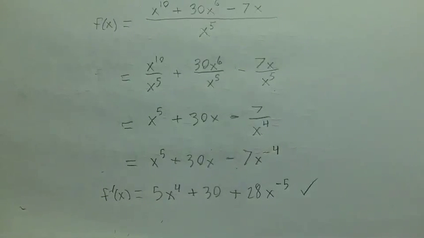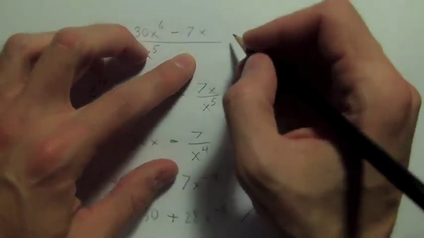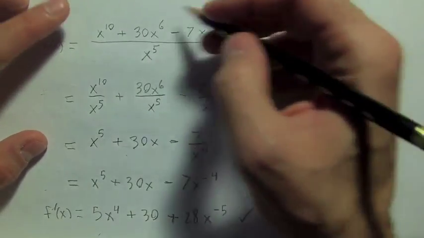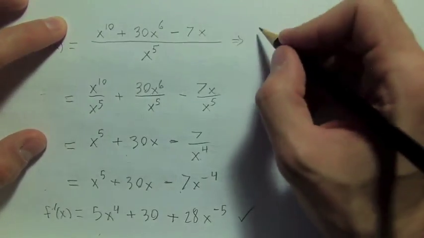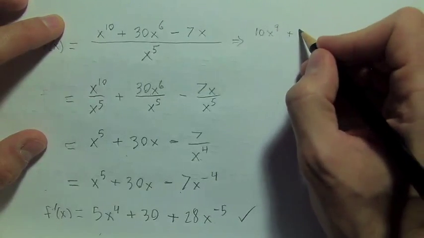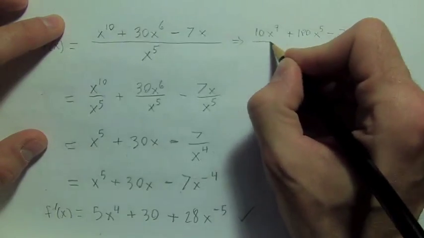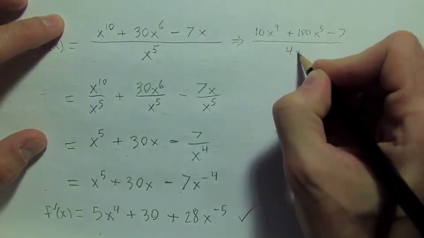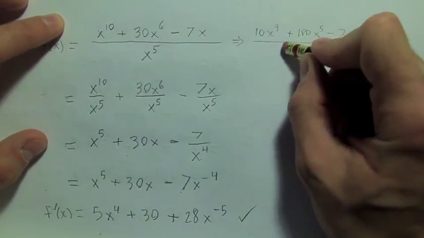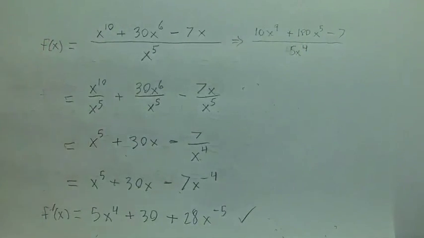Now, let's say you actually did go ahead with just taking the derivative of the top over the derivative of the bottom. You would end up getting 10x to the 9th plus 180x to the 5th minus 7, all over 5x to the 4th.